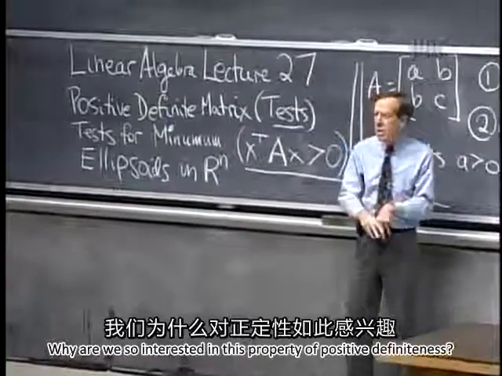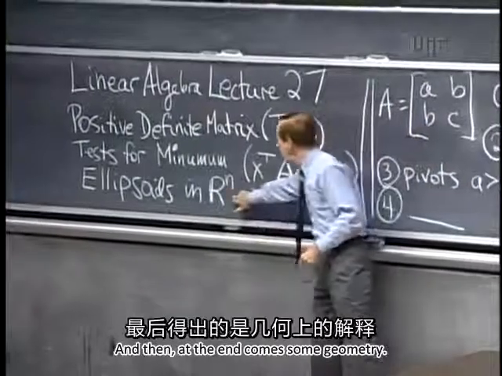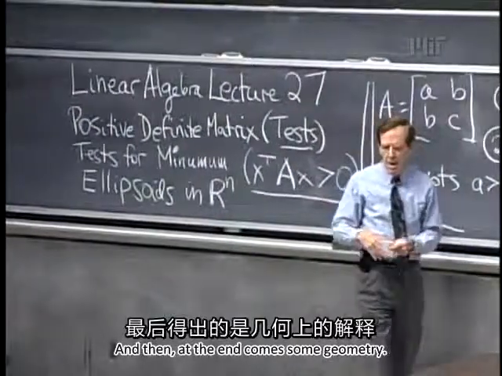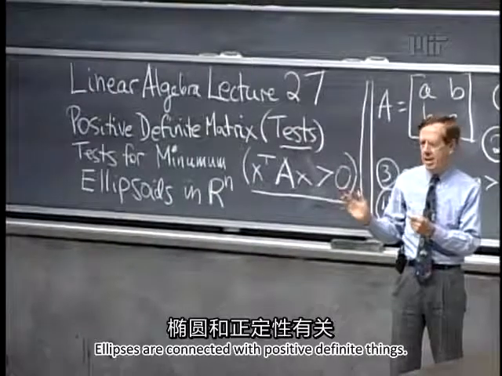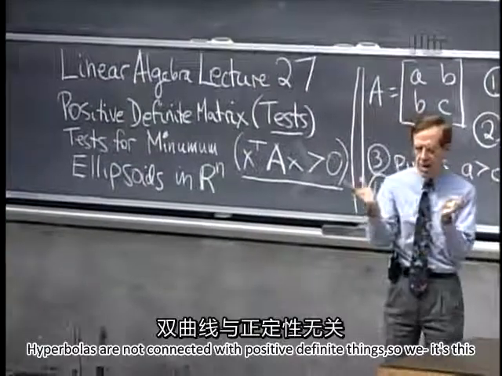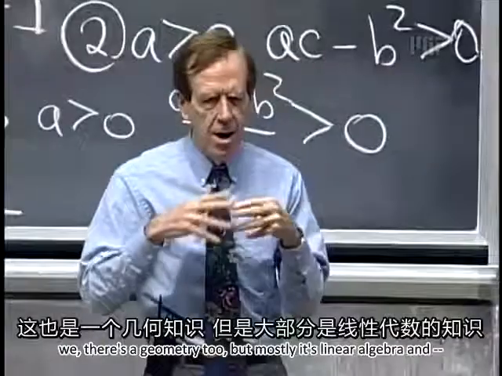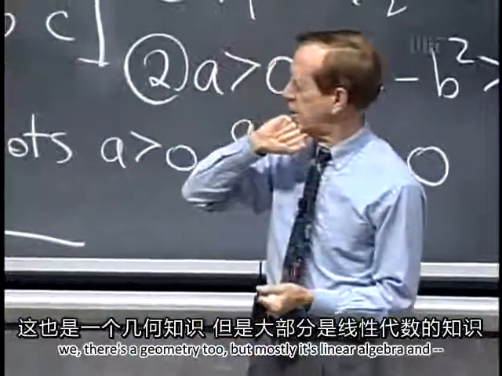Why are we so interested in this property of positive definiteness? And then at the end comes some geometry. Ellipses are connected with positive definite things. Hyperbolas are not connected with positive definite things. So there's a geometry too, but mostly it's linear algebra.